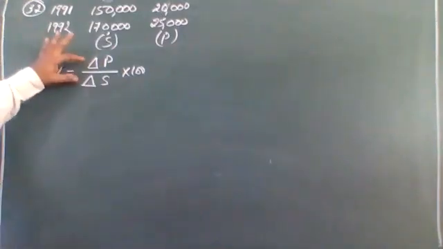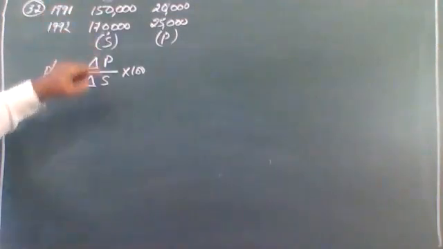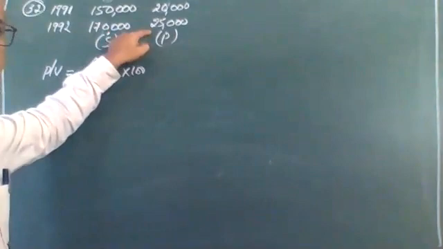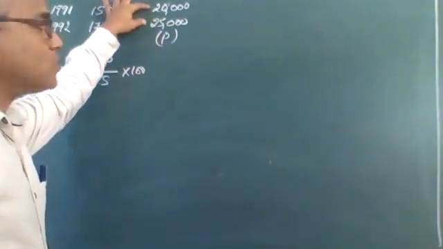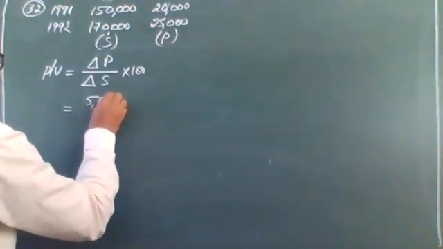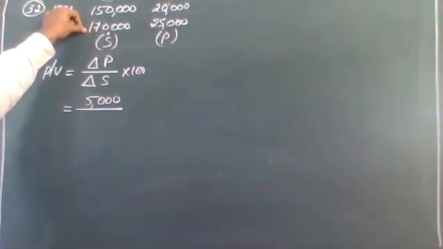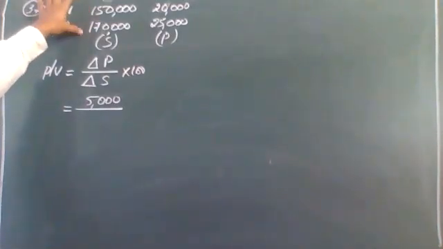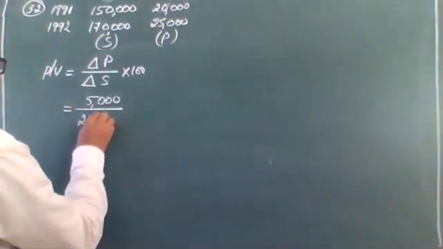Whenever we talk about change, we take the current year minus the previous year. Current year profit, the latest year 1992, is 25,000. Previous year is 20,000. So 25,000 minus 20,000 is 5,000, divided by change in sales. 1,70,000 is the current year, minus the previous year 1,50,000, gives you 20,000.